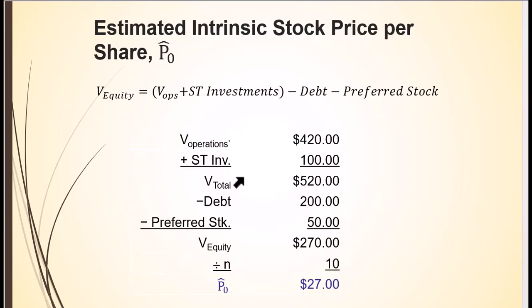So this company has a total value of $520 million. Subtract out the debt and the preferred stock. So the value of equity is $270 million. Divided by the 10 million shares, this stock would have a value of $27 per share.